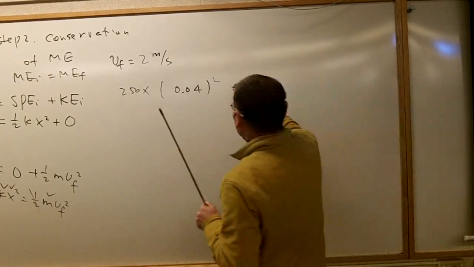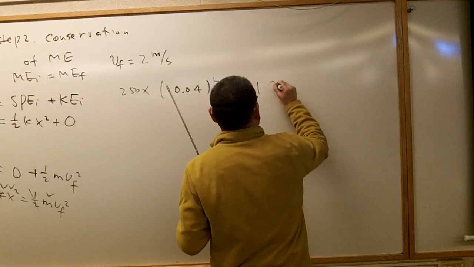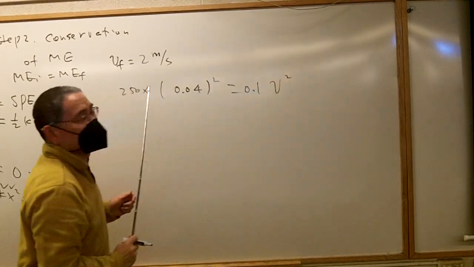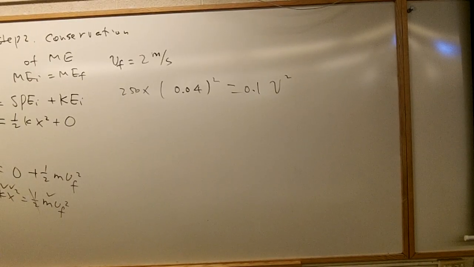And the mass equals 0.1 kilogram times v squared. So that's all you need to do the calculation. I think this should be straightforward. Yeah, this is the correct answer. Any question on this part?